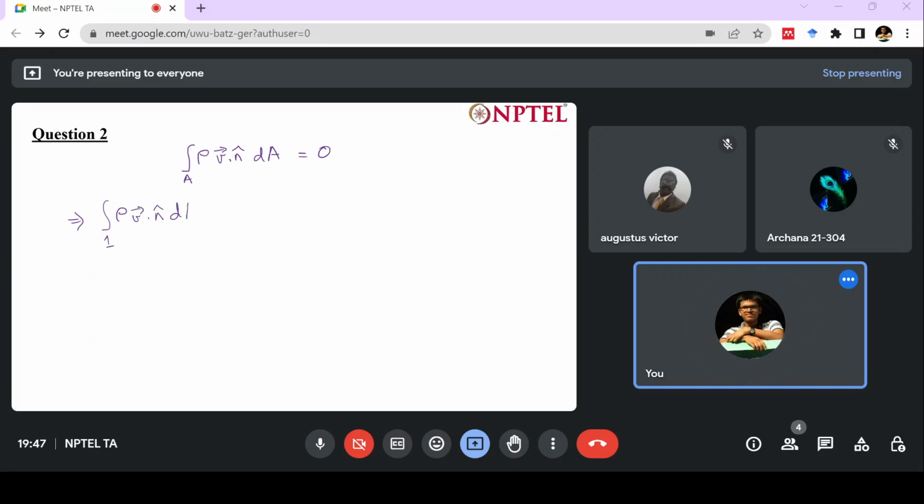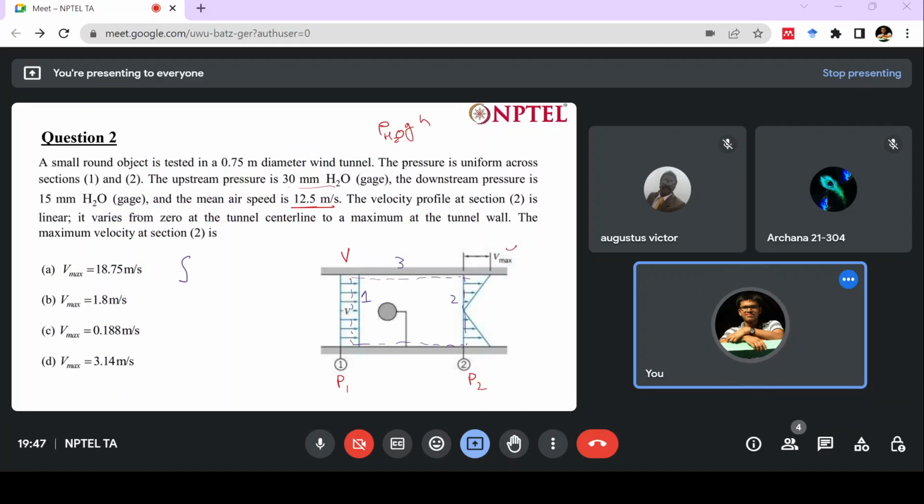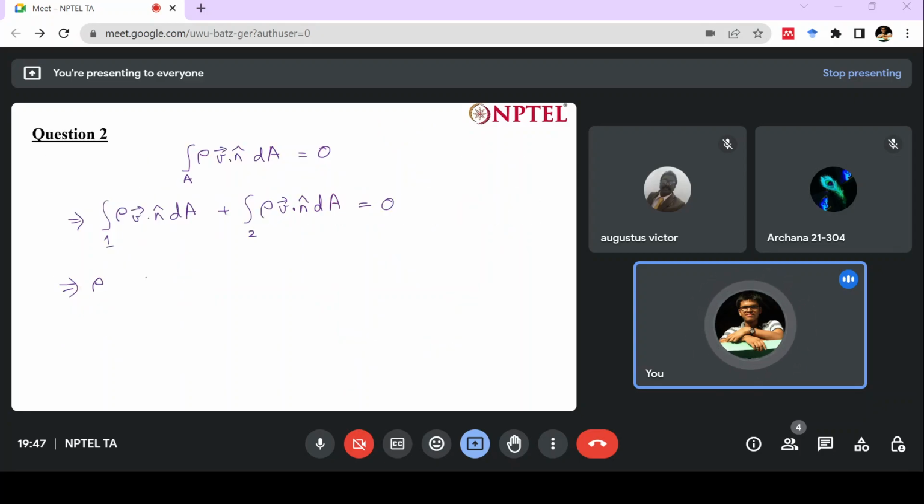This will be the sum over my first surface and second surface. Surface 1 is pretty simple. Rho is definitely constant, so it's coming out, and V dot n, where V is constant, is capital V, which is given.